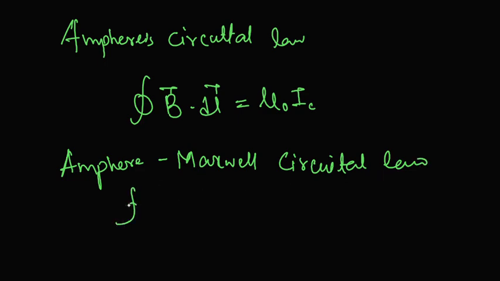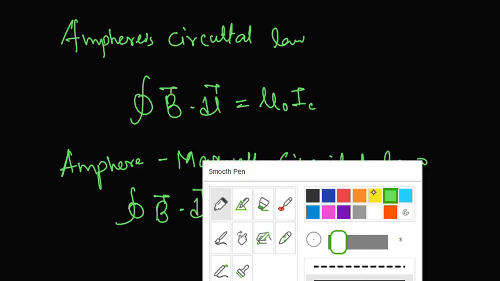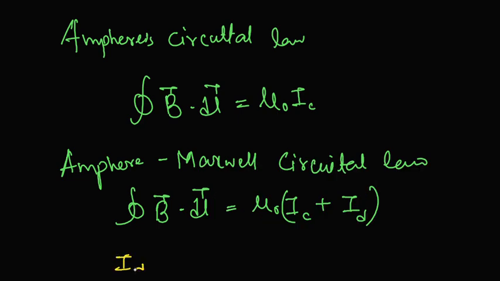It is like that: the closed line integral of B dot dl equals mu naught times IC plus ID, where ID is epsilon naught d phi e by dt.